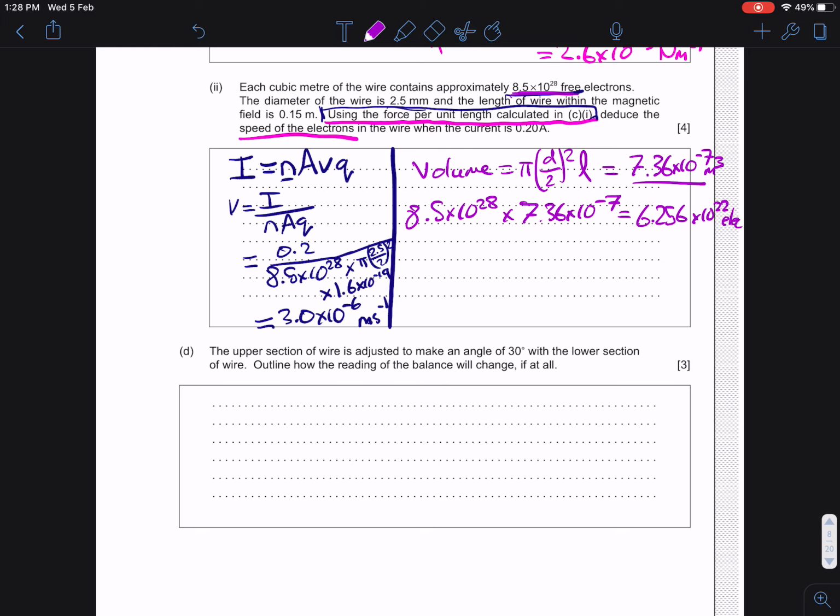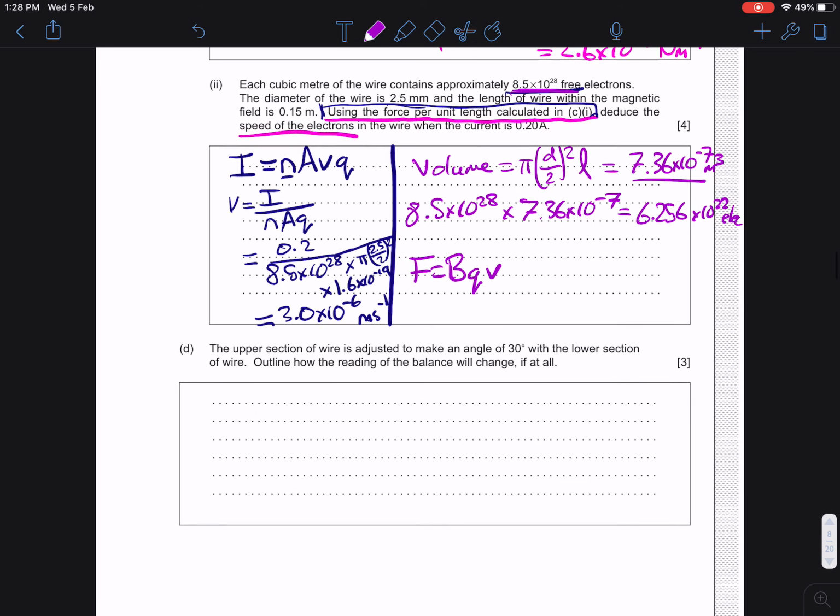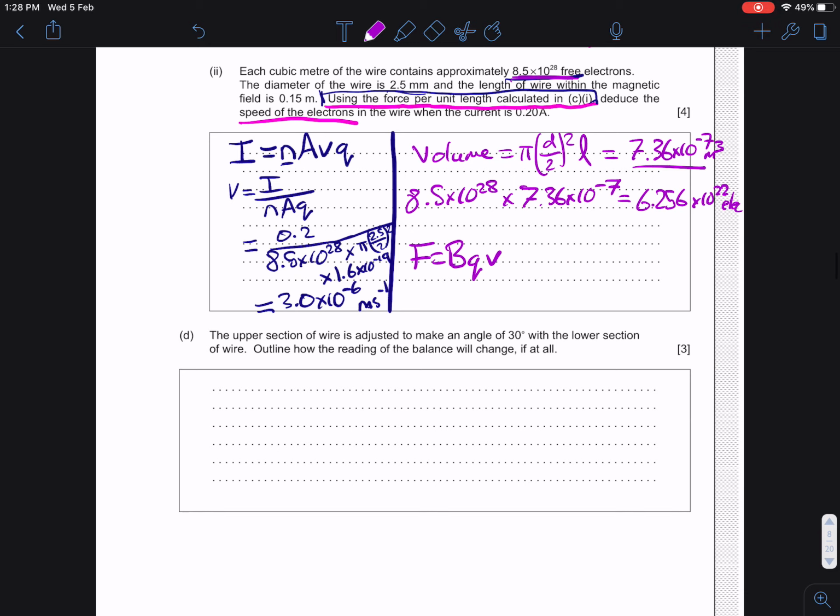That's how many charge carriers there are. If we're going to use the force, the equation for force which takes into account the velocity of the charge carriers is F equals BQv. Q is not the number of electrons, Q is the charge in coulombs, so we need to figure out how many coulombs that is.